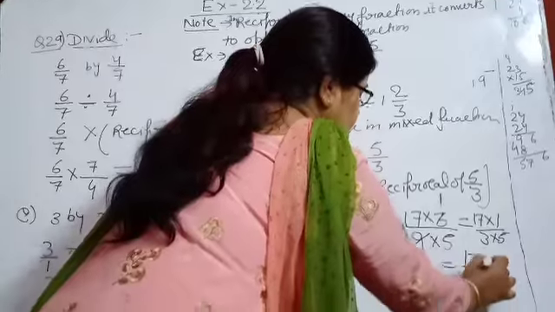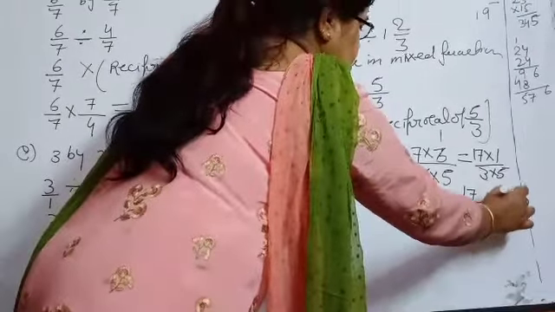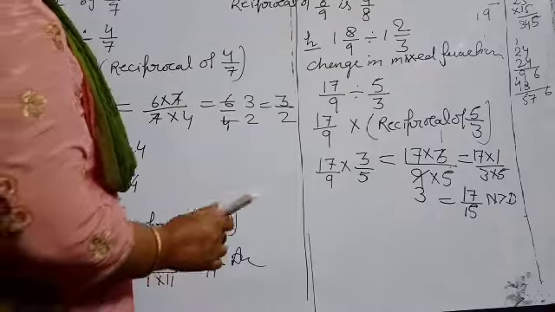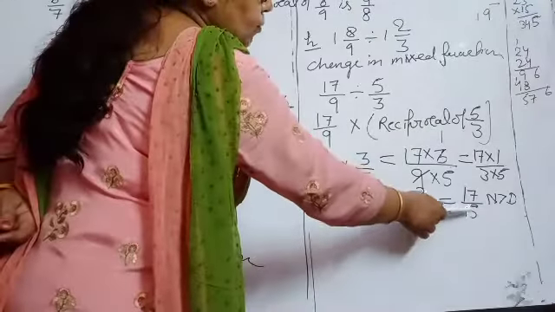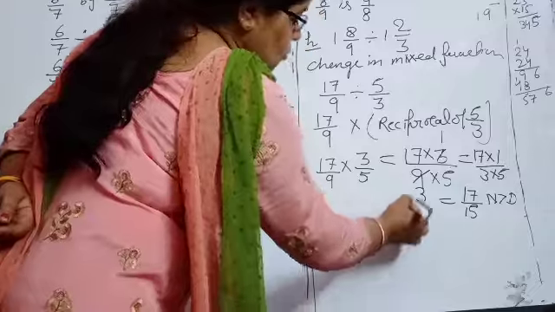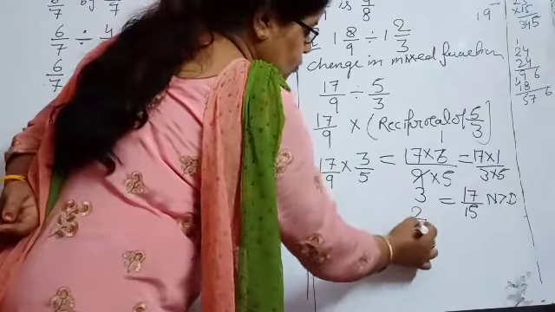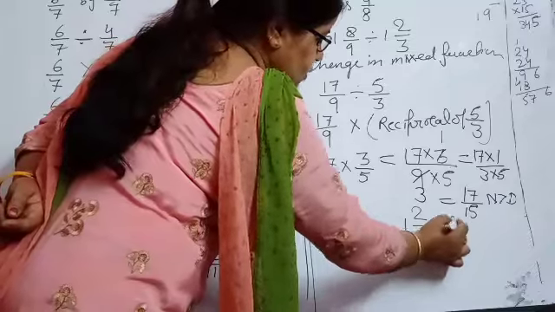So it will be 17/15. Again the numerator is greater than the denominator, so it can be written as a mixed fraction. If I divide 17 by 15, how many times will it go? 1 time. Then 17 minus 15 will be 2. The remainder will be 2 over 15. This will be your answer.